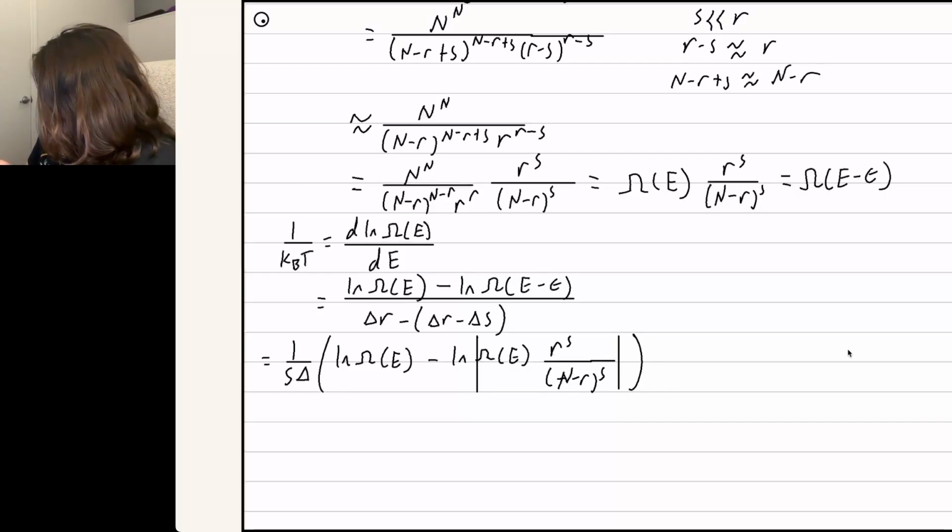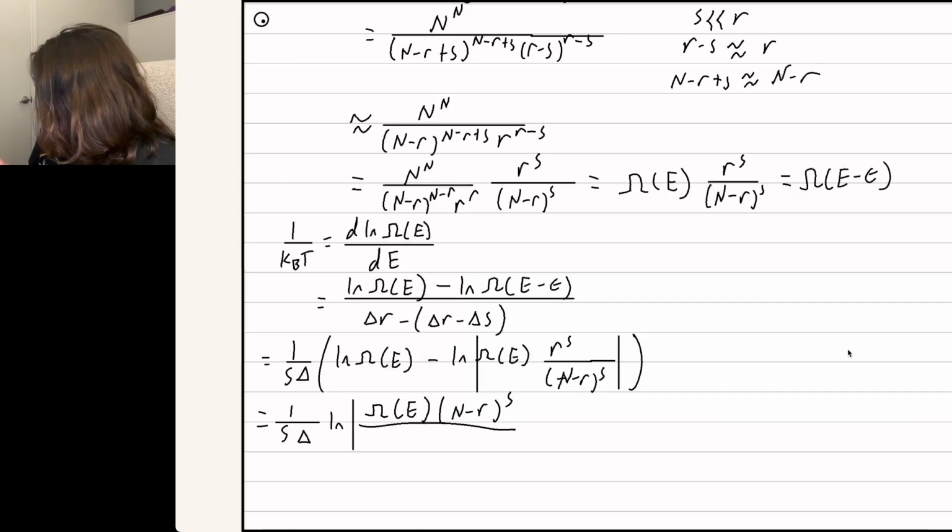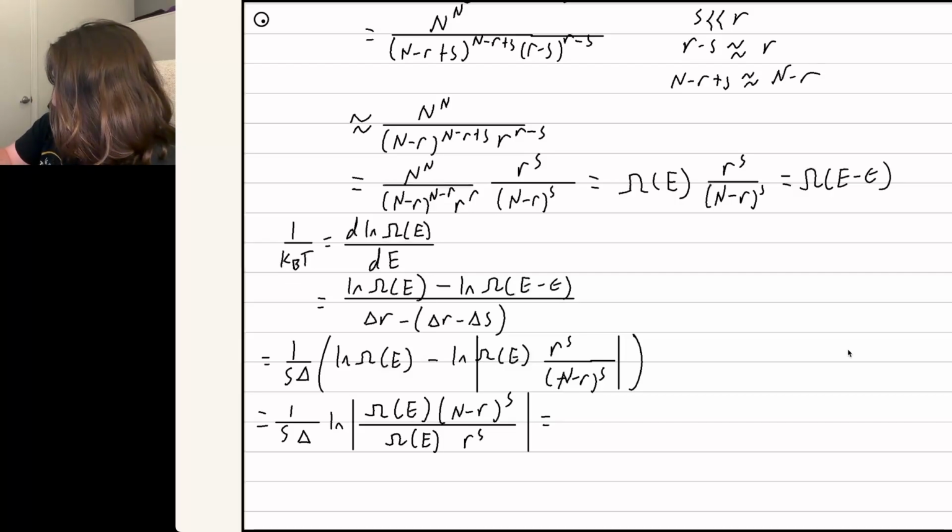We can add these natural logs together so that there will be a natural log of omega of E on top, as well as n minus R to the S on top, divided by omega E times R to the S. The omega E's will cancel out.